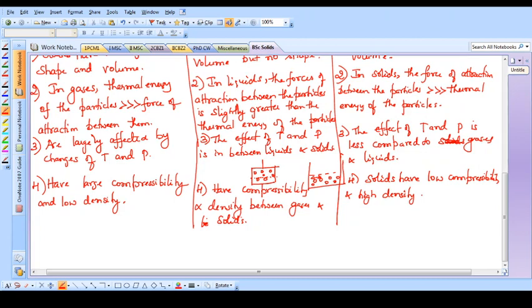Now what is the exact definition of a crystal or crystalline substance and amorphous solids? In your inorganic practicals, when you did salt analysis, in the preliminary test, you performed one preliminary test, that is understanding the nature of the solid that is given to you.